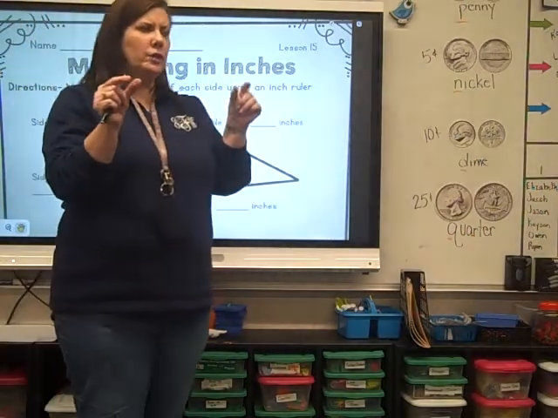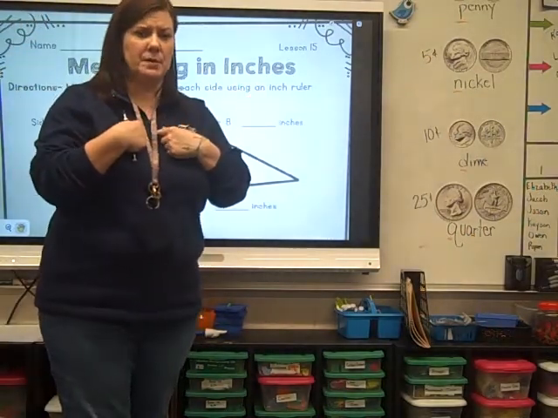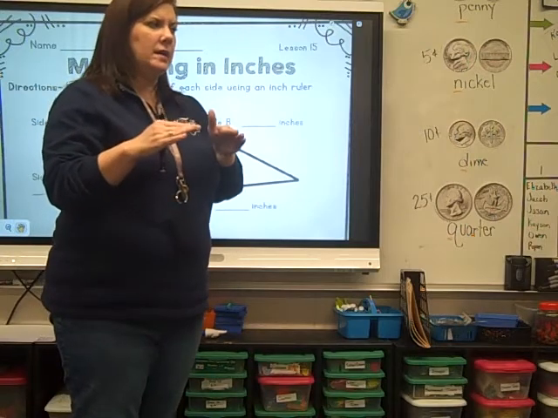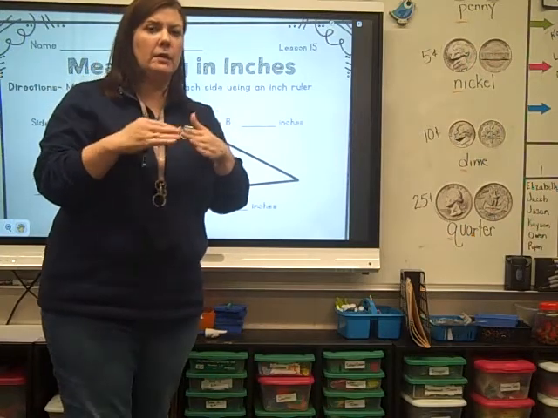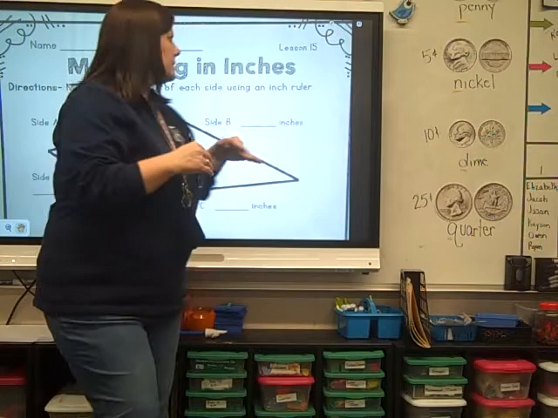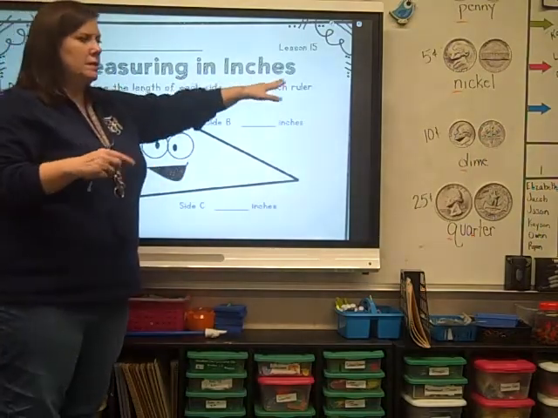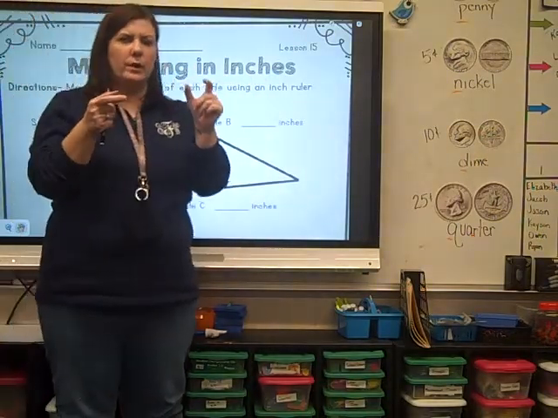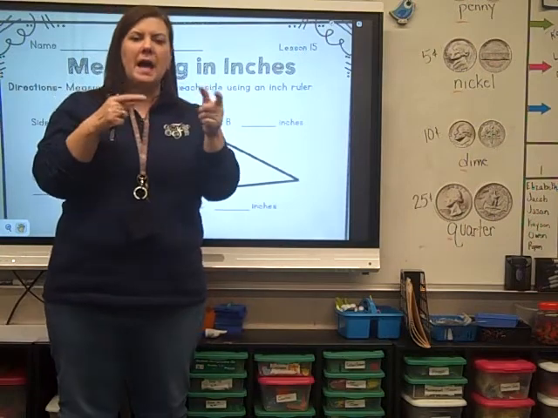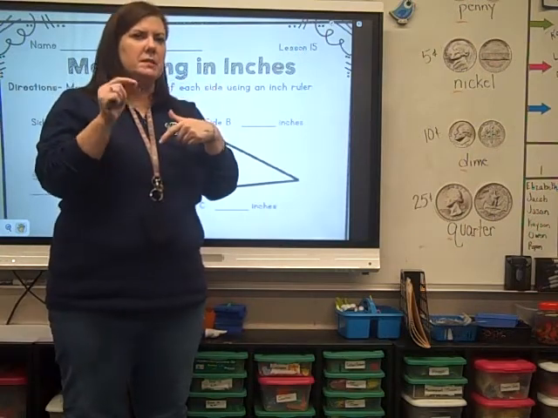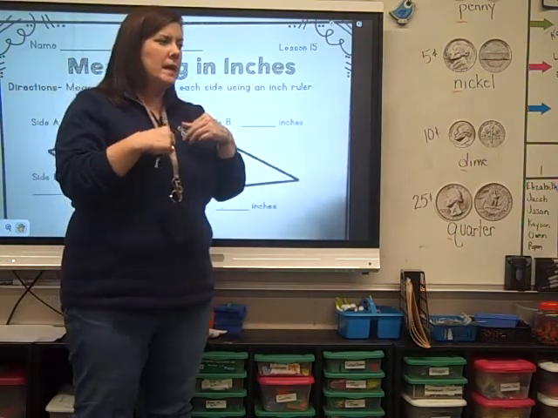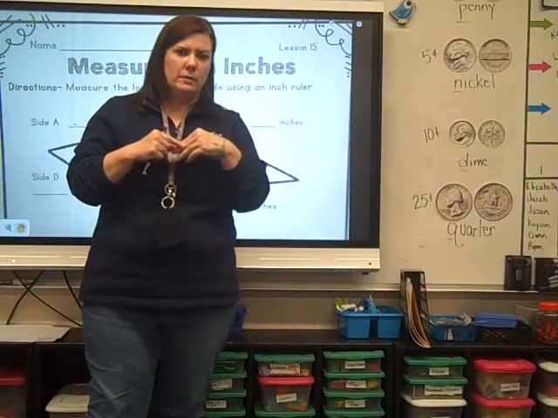One side is really gray, and that's my purple side. And one side is lighter, and that is yellow for me. And it says we're going to measure in inches. So look on your ruler and find which side is measured in inches, okay? And for me, I believe it's my yellow side, okay?